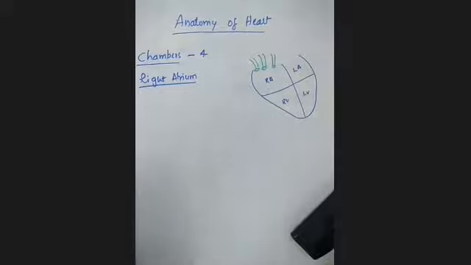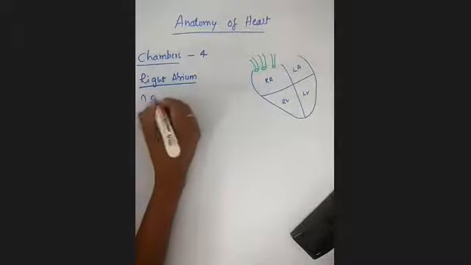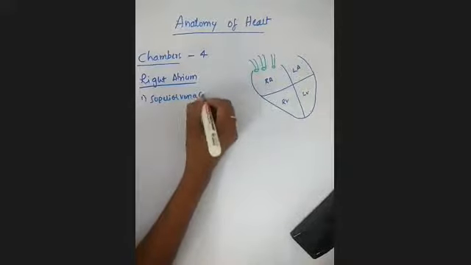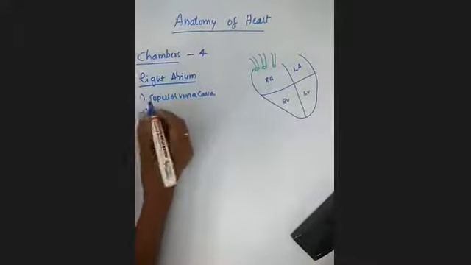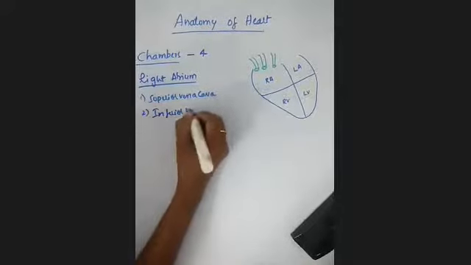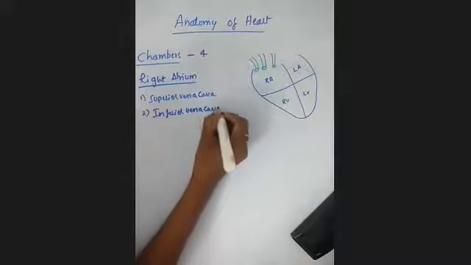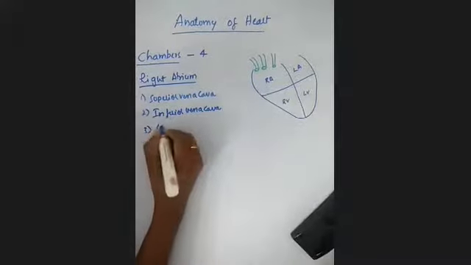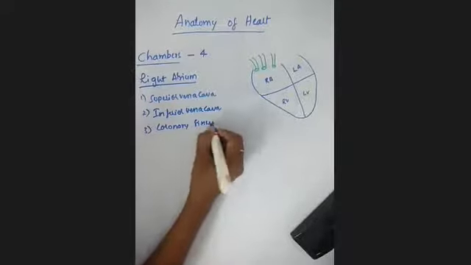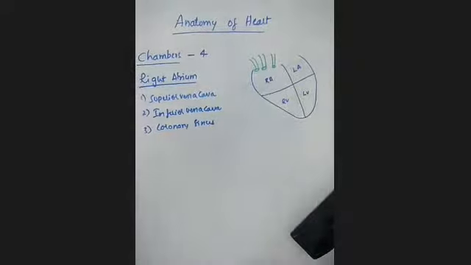The first one is the superior vena cava, the next one is the inferior vena cava, and the next one is the coronary sinus. These are the three different veins from which the right atrium receives the blood.